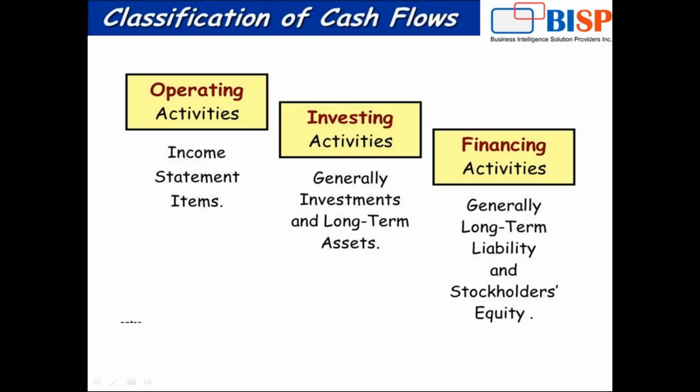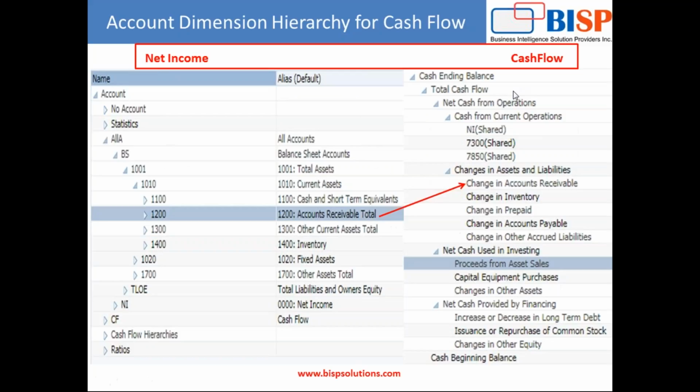The first part of creating a cash flow template is to design your account dimension structure. This is a sample account dimension structure I prepared. It consists of three parts: operating activities, which covers the money you receive, account receivable, or money you pay, account payable.